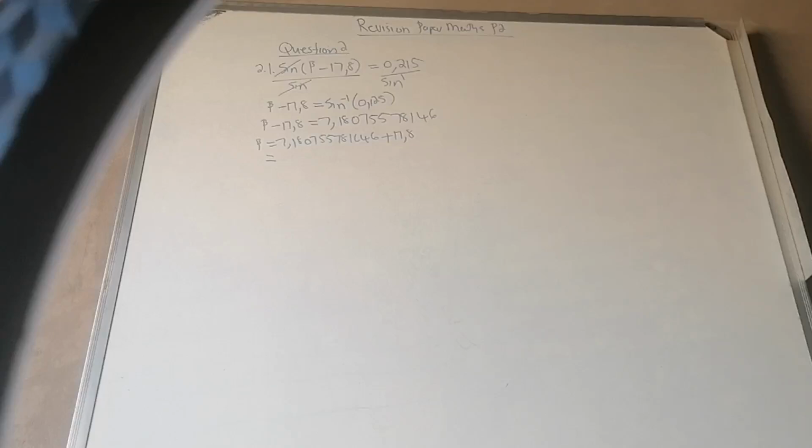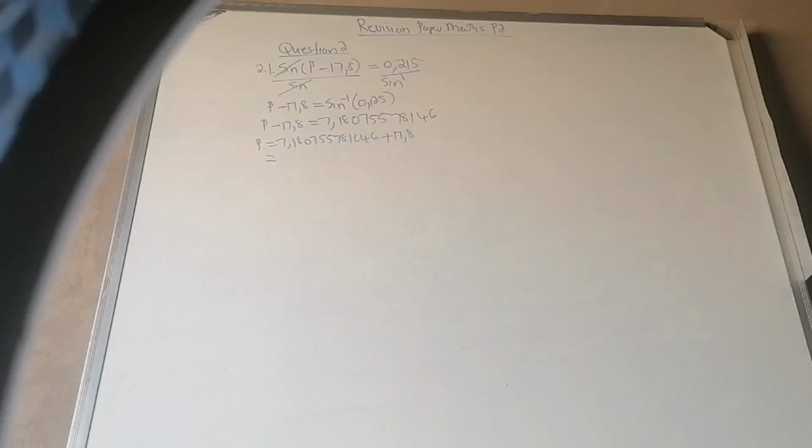I'll find the same answer. That angle must be less than 90. Remember, it's an acute angle. If you call arc sine of 0.125, your value is 7.18, and that is very true.